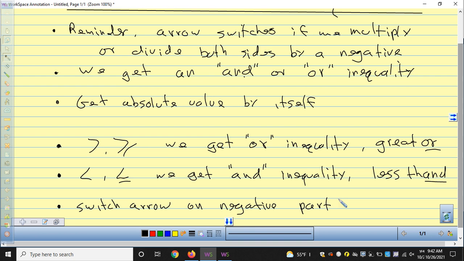With absolute value inequalities, then we switch the arrow on the negative part. All right. So we're good with our general guidelines here. So like solving absolute value equations, we just have a few extra things that we need to keep track of. So I just want to go through some examples.